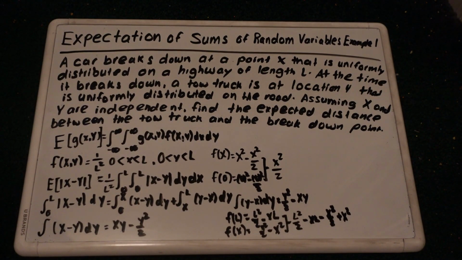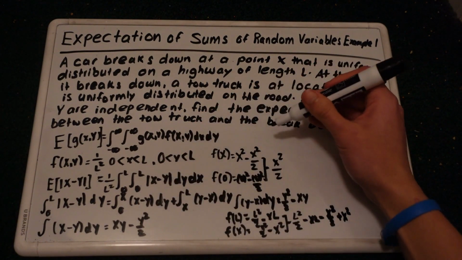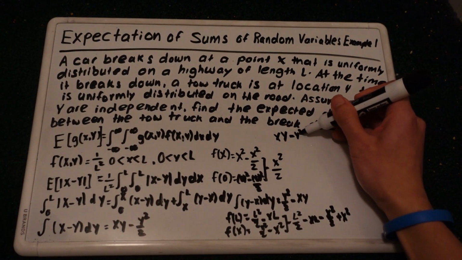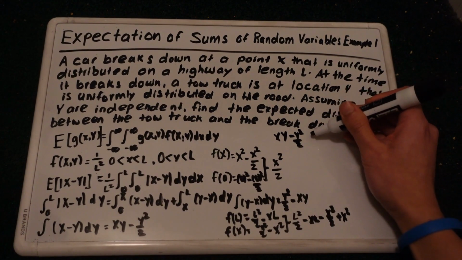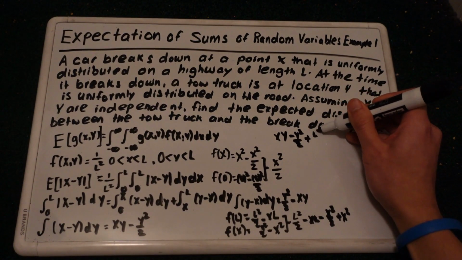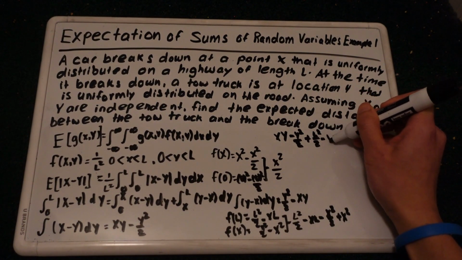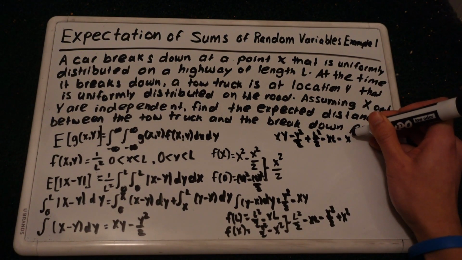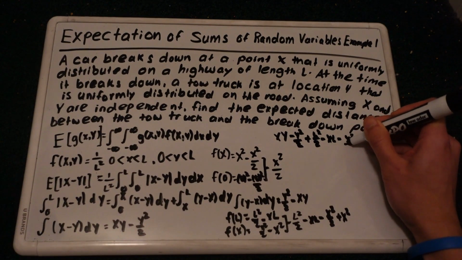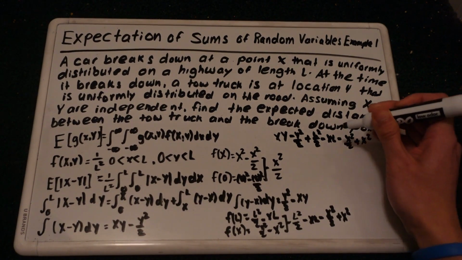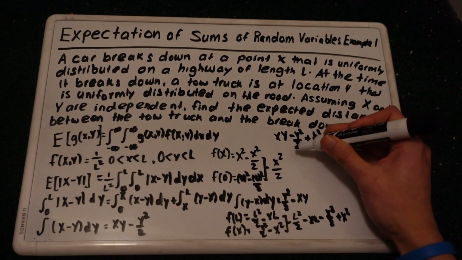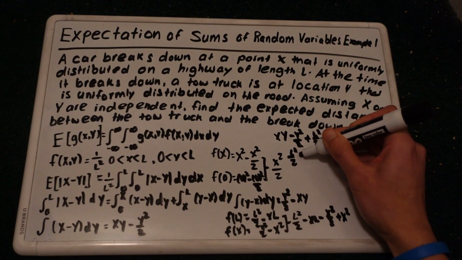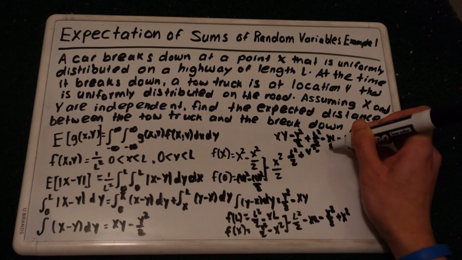And simplifying, when we add x squared over 2 to L squared over 2 minus xL minus x squared over 2 plus x squared, we would get L squared over 2 plus x squared minus xL.